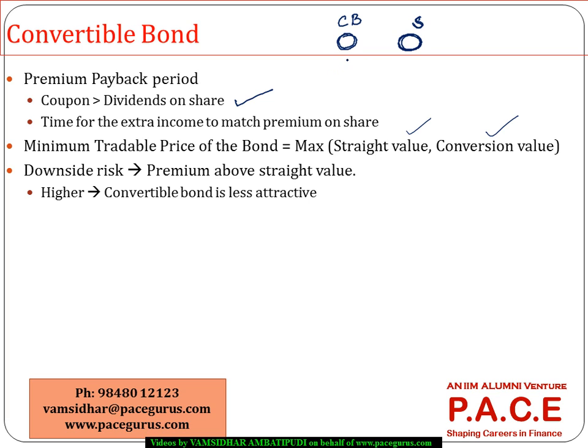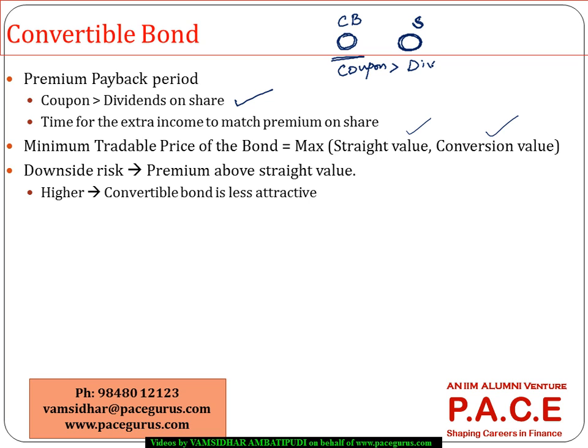In the initial periods the coupon will be much higher compared to the dividend I get on the share. So, instead of buying the share directly, there is a possibility of buying the convertible bond.